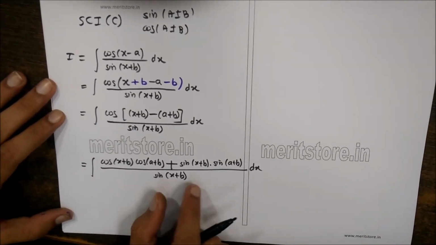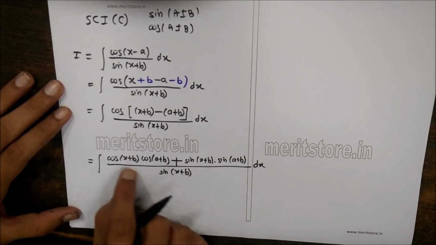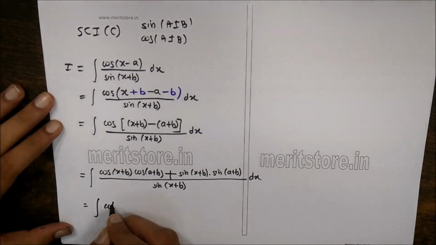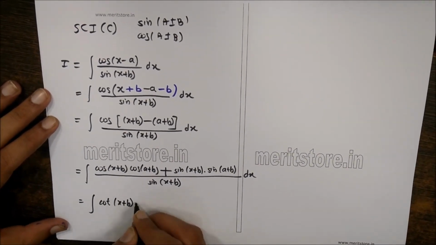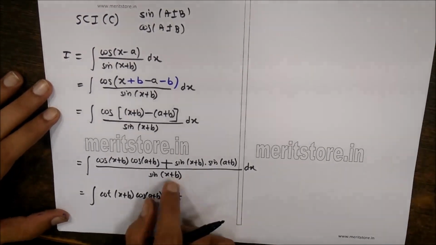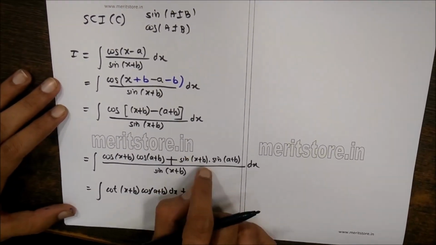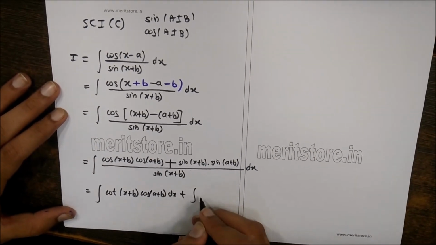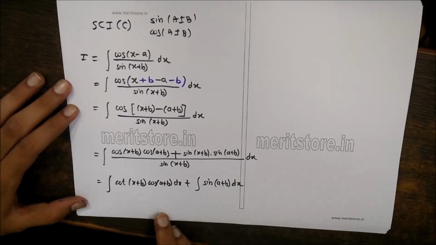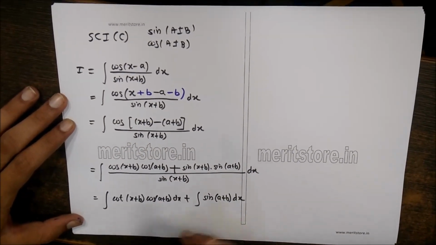In the next step, I am splitting the term of sine of x plus b, which when you observe cos upon sine will give me cot of x plus b cos of a plus b dx plus, and when this term will be given to the other part, the sine of x plus b and the sine of x plus b will cancel, and I'll only get sine of a plus b remaining in the other section. Out of this, cos of a plus b is to be treated as a constant.